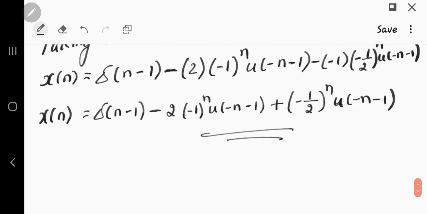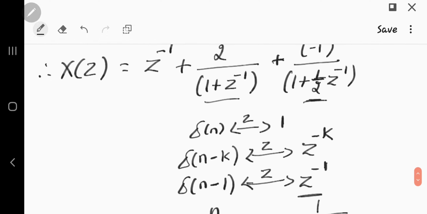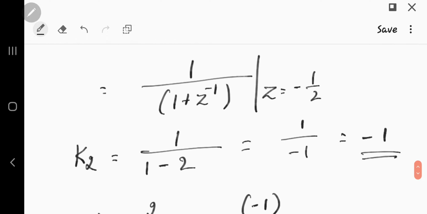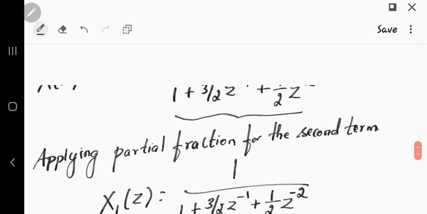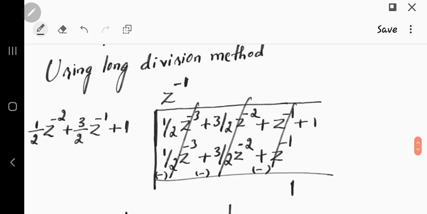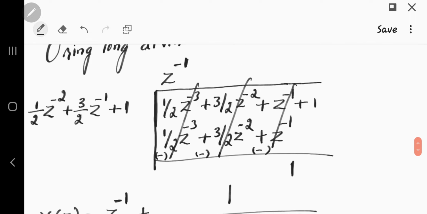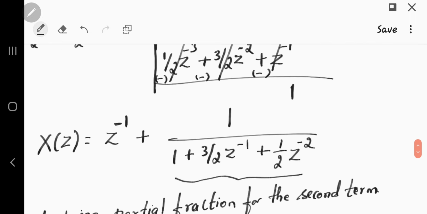That means when the numerator power m is not less than the denominator power n, we have to go for the long division method and bring this to the form so that we can apply the partial fraction. And here we can see m is less than n because the value is 0 and n is 2.